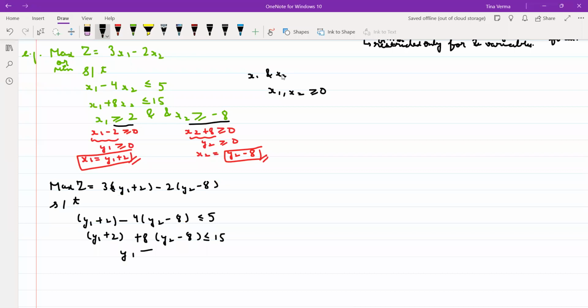Now the variables have changed, y1 is greater than or equal to 0 and y2 is also greater than or equal to 0. So when you simplify, it will transform into the problem.